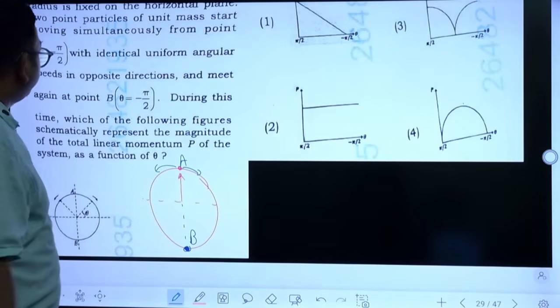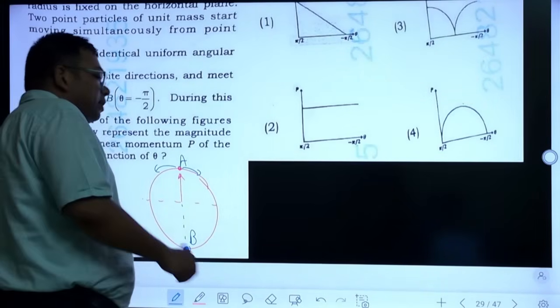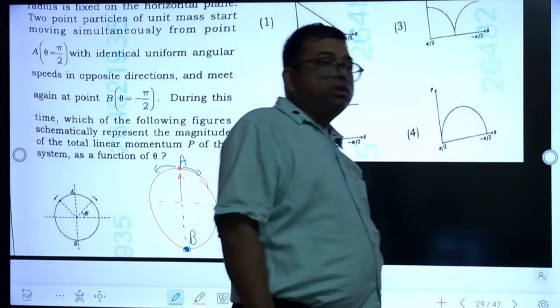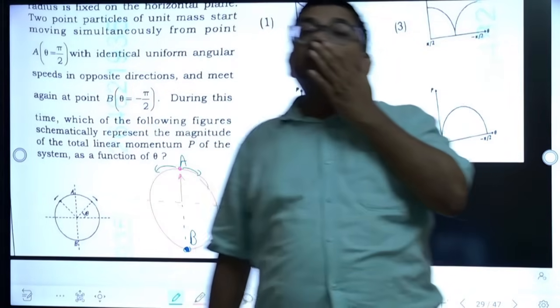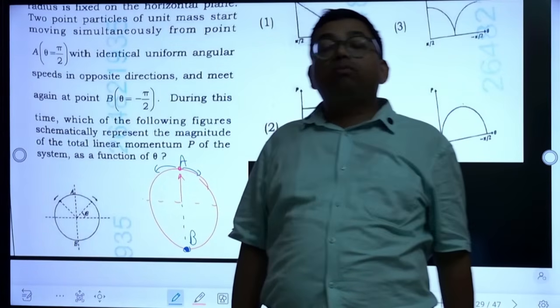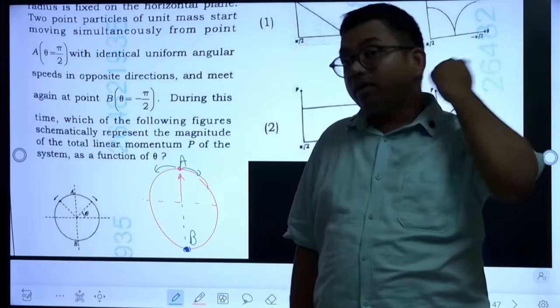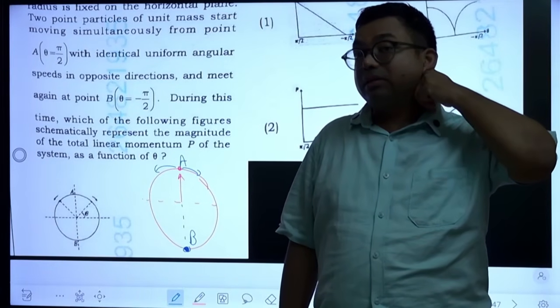They are saying represent the magnitude of total linear momentum. What does that mean? Total linear momentum. So linear momentum of 1 plus linear momentum of 2, or are we talking about the linear momentum of the center of mass?